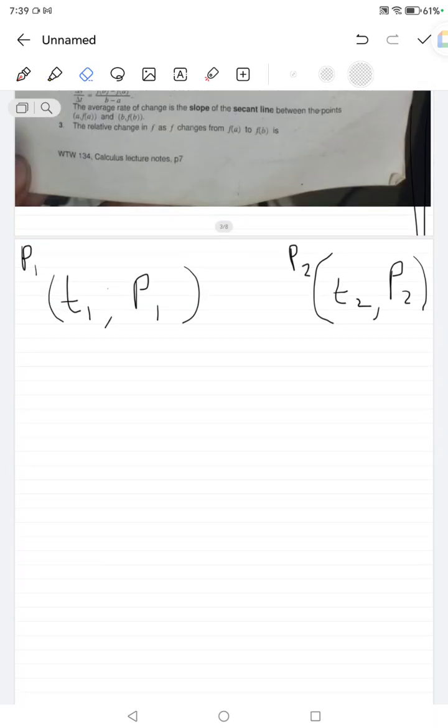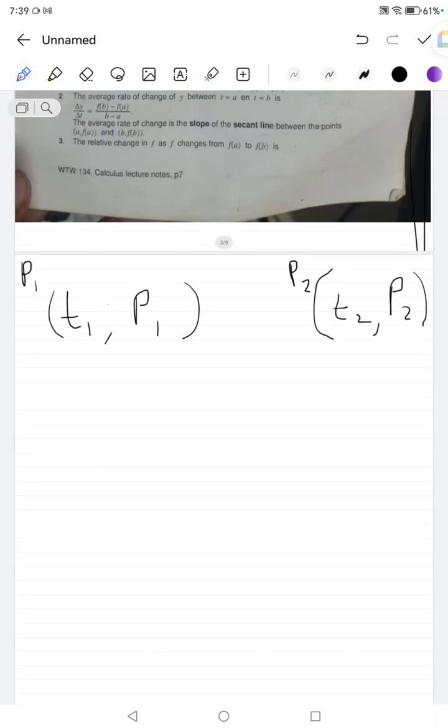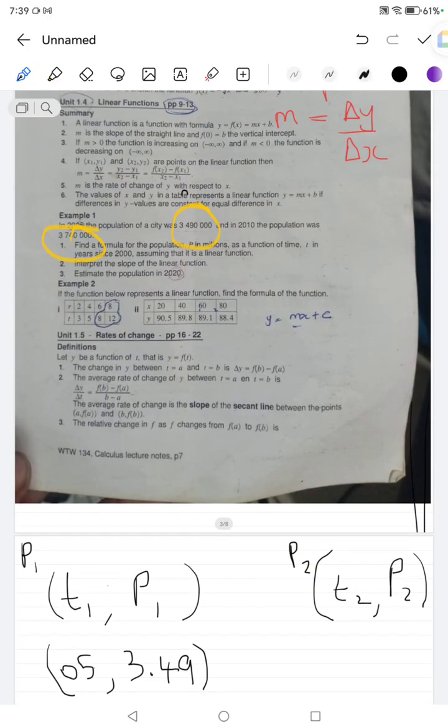So considering those ones, on our point 1, what are we going to have? We've agreed that we're going to have the 05 from 2005. Then the other one is going to be 3.49. How did I get my 3.49? I got it because I just went this side and divided this by a million, because they said the population is in millions.